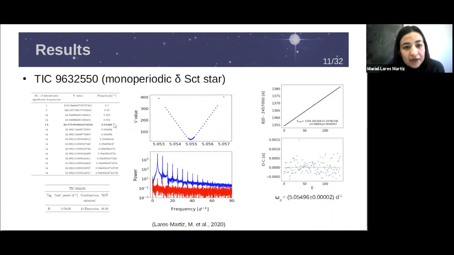But we keep a conservative approach in this fifth decimal, because when we compute the O minus C method for a monoperiodic star, we find this uncertainty. So just to be careful, we keep this value.